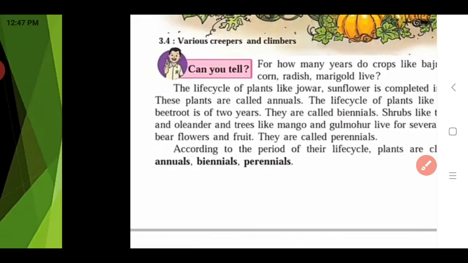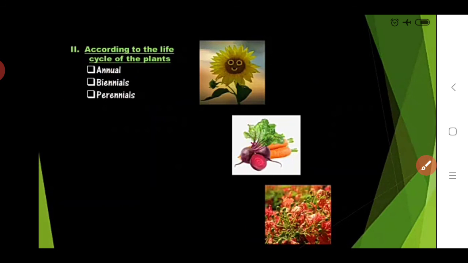If we see this in detail with examples: first, sunflower is an annual plant. Then carrot, beet, these are biennial, having a 2-year life cycle. And perennial means some shrubs like hibiscus, and also some trees like mango. These live for several years, so the life cycle is longer. So such plants we call perennial plants.